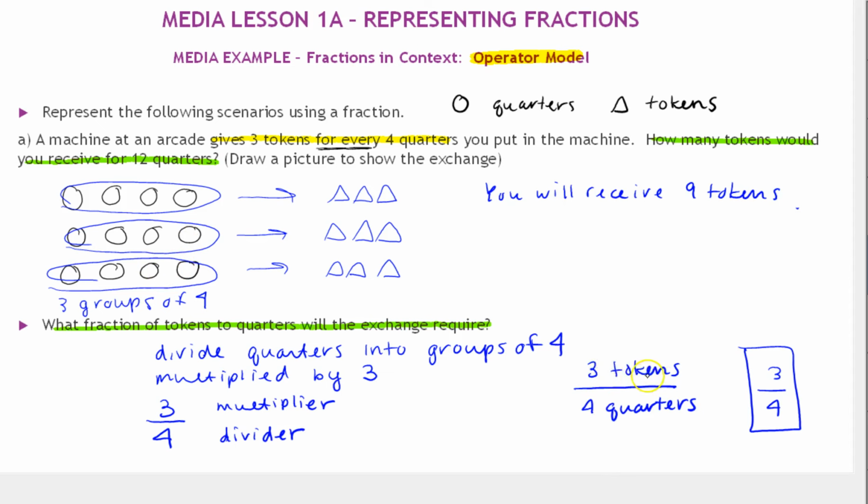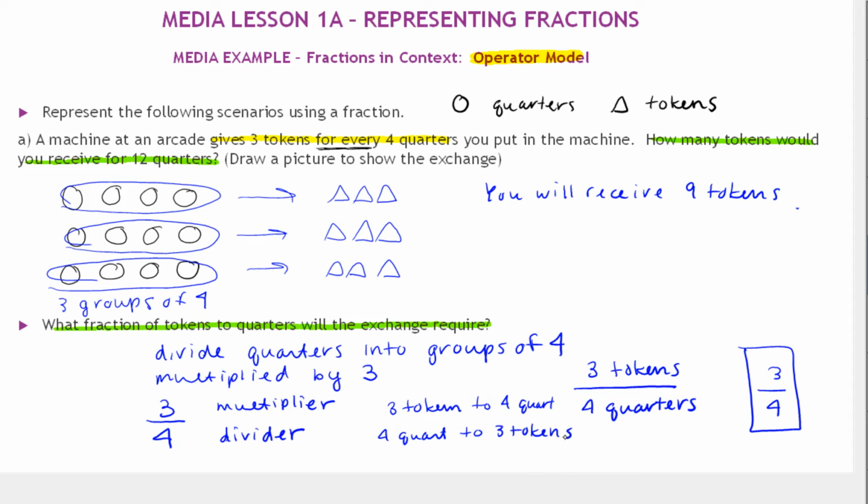And the top number is what you want to end up with, in this case tokens. So if we were to start with tokens and we wanted to change them back into quarters, we would actually reverse this relationship. It would be 4 quarters per 3 tokens. So here it's 3 tokens to 4 quarters, or we could say 4 quarters to 3 tokens.